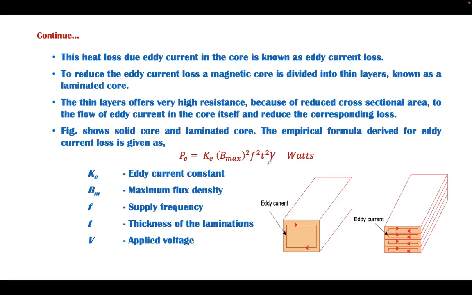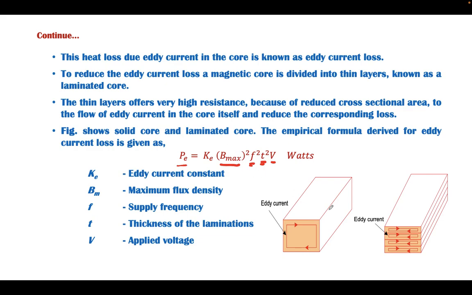Now, considering these two components, first we consider eddy current. In case of eddy current, an empirical relationship has been derived when the magnetic core or magnetic circuit is energized with an AC supply having a frequency of f, the thickness of the core is, let it be t, the applied voltage is V, and the flux developed has a maximum flux density B max.